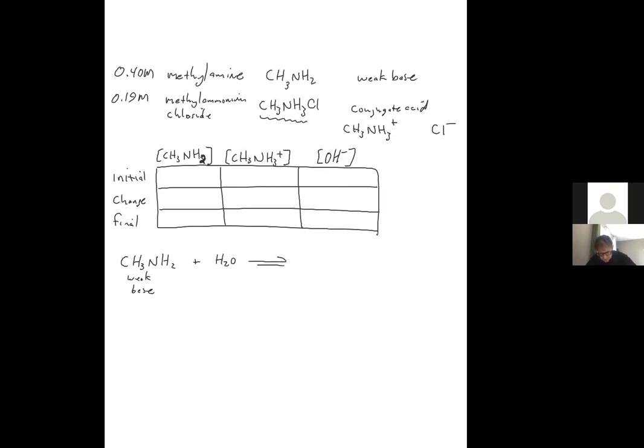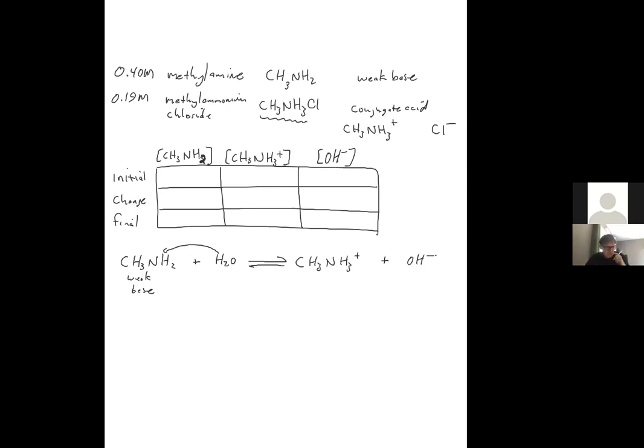Remember, it's a weak base, so we use the equilibrium expression. The water donates an H plus to the weak base. So you get CH3NH3 plus, and water losing an H plus gives you OH minus.